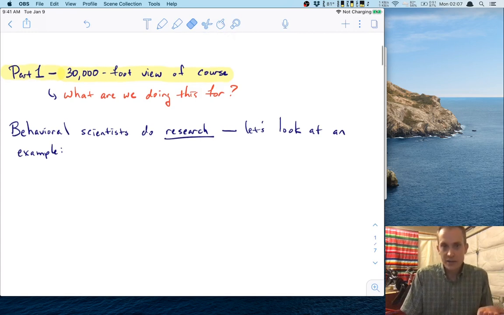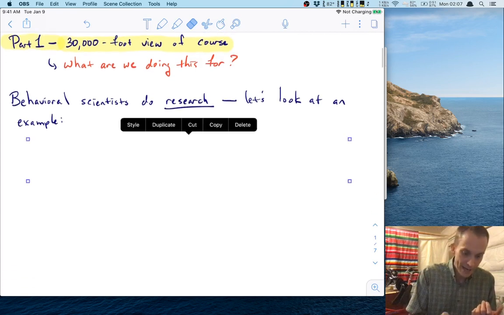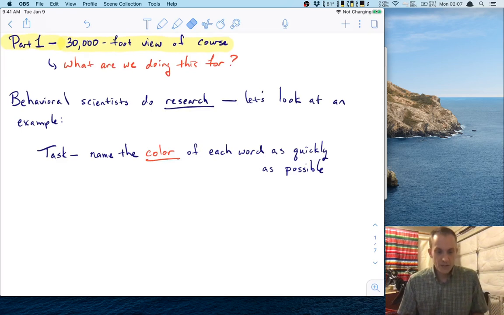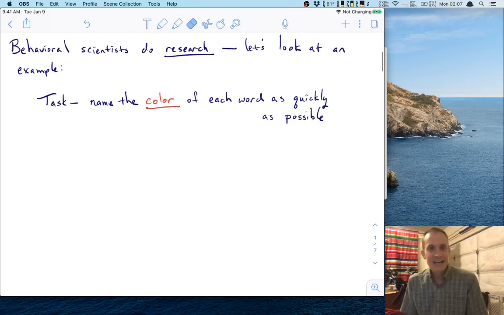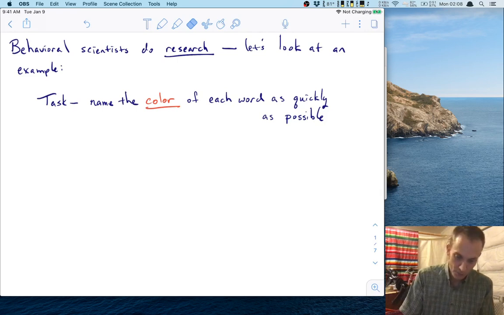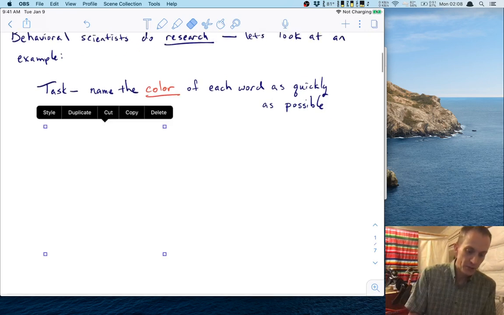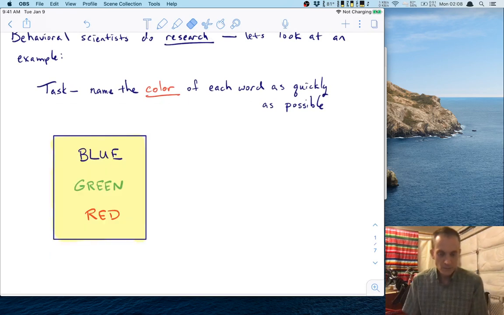And so to illustrate what I mean by that, I thought we would look at a quick example. So here's a quick task that a behavioral scientist might do. In fact, you may have seen something like this in the past. Your task is to name the color of each word that you see as quickly as possible. Now I'm going to do this under two conditions. Here's the first condition.